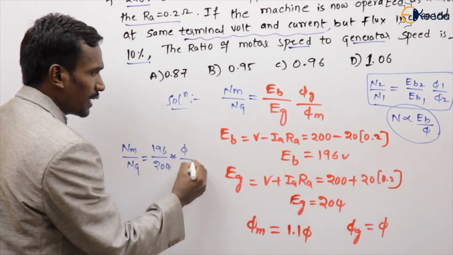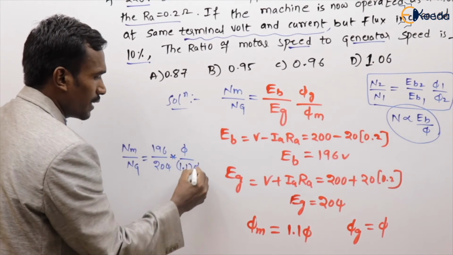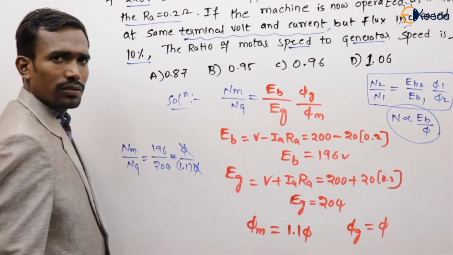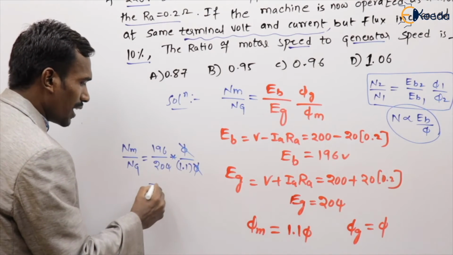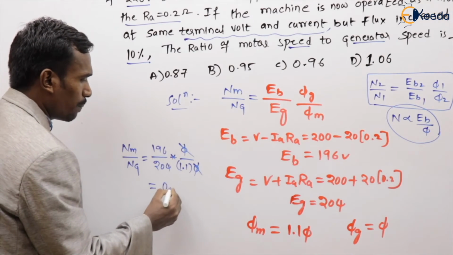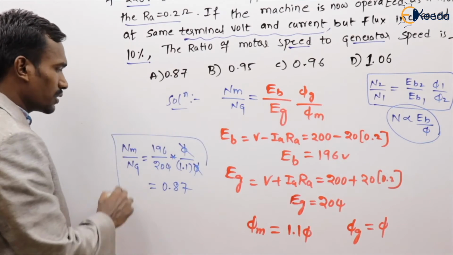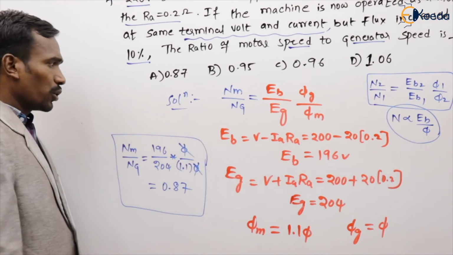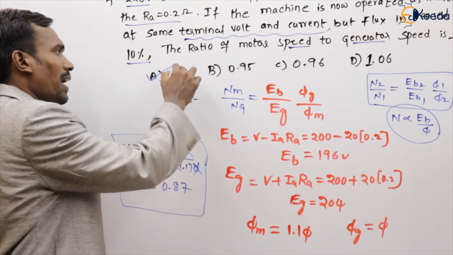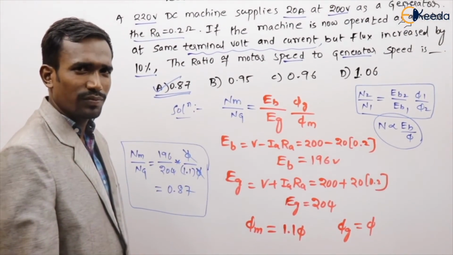Phi g is phi, and phi m is 1.1 times phi. Phi gets cancelled out. If you solve this calculation, you can get 0.87. So this is our correct answer.